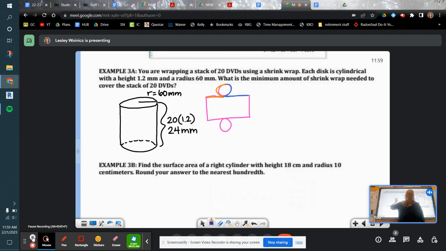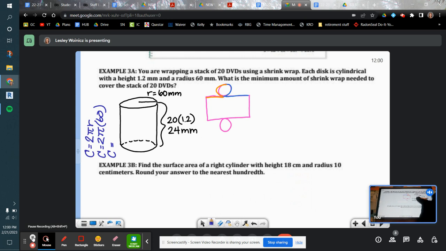So what is the circumference? 2 pi r. So our circumference is 2 times pi times 60, which is about 376.99 millimeters.